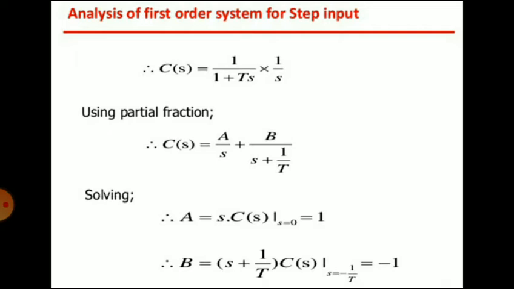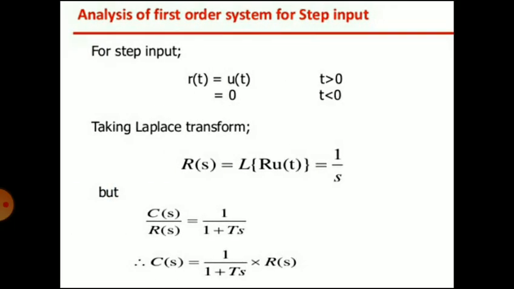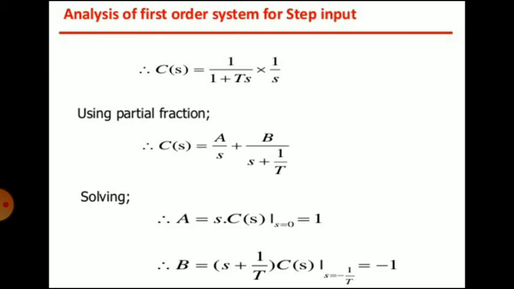Now using partial fraction, C(s) equal to A upon s plus B upon s plus 1 upon T. So after solving, we will get the value of A equal to 1 and B equal to minus 1. So that is for step input, that value 1 upon s. Now we will get C(s) equal to 1 upon 1 plus Ts into 1 upon s.